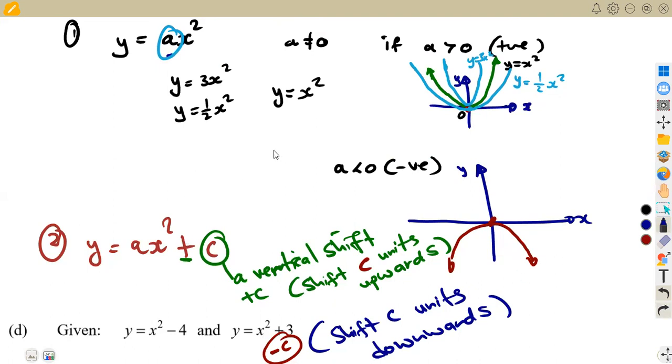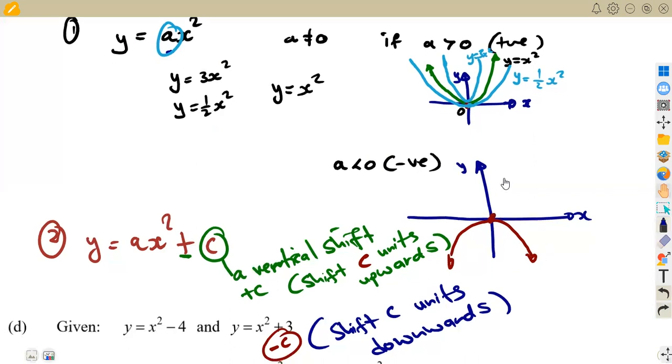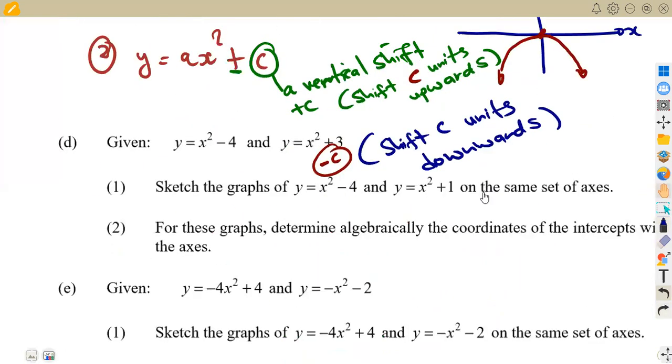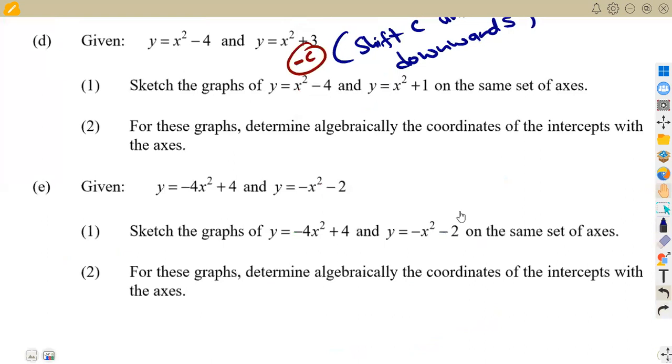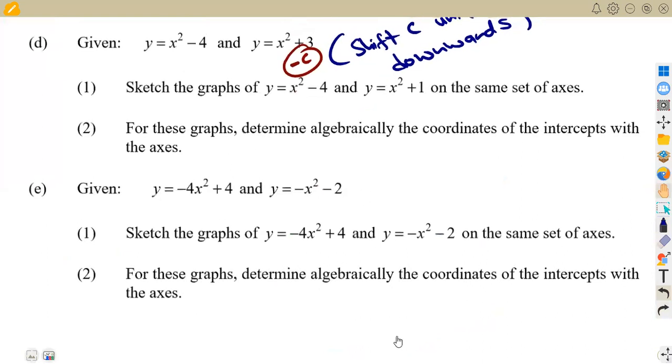Or it can be a combination of the stretch that I explained and the vertical shift at the same time. So I'm going to explain this with the questions that we are given here, so that we can properly understand how they ask these questions and how you are supposed to attempt these typical questions for any type of question that you are given.